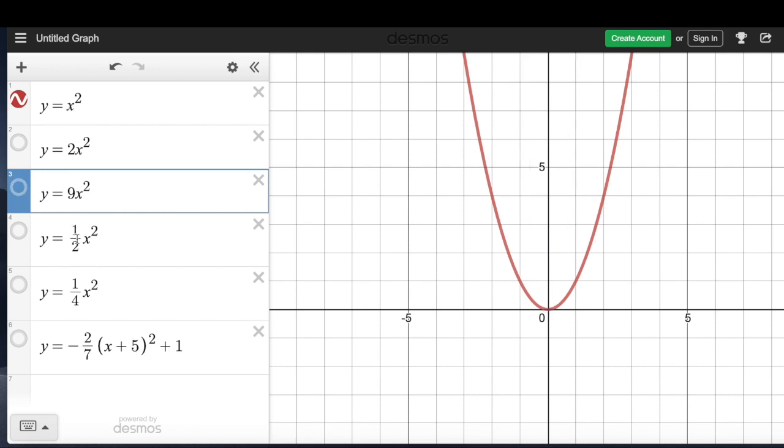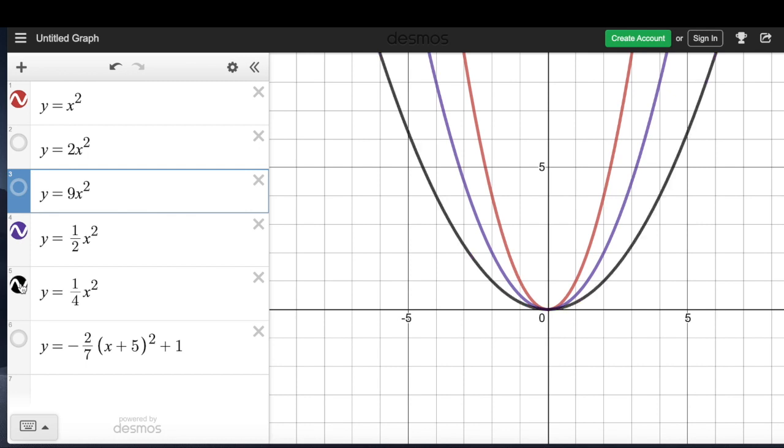As you might imagine, this graph right here, y equals 1/2 x squared, the coefficient of 1/2 now means it's got a slope, if you want to think of it that way, of 1/2. So you see what happens is the opposite. You get a wider looking parabola. 1/4, that's an even flatter slope, an even smaller rate of change.